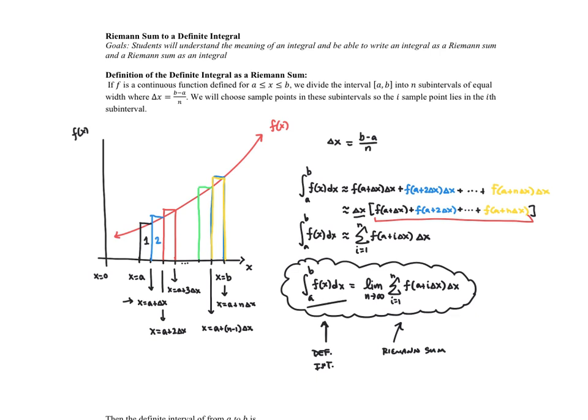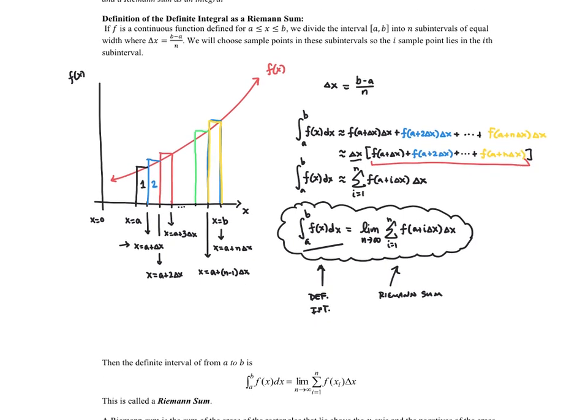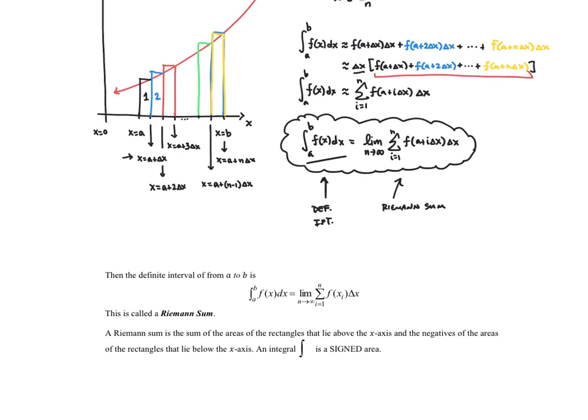So we're going to be able to take a definite integral, turn it into a Riemann sum, as well as the other way around. All right, let's take a quick look at what we've got here down below. This notation here is slightly different than what we have below, but this x sub i just represents, here's our first x value, second x value, third x value, fourth x value, etc. Okay, now we're going to work primarily with this form, but this is another equivalent form down here.